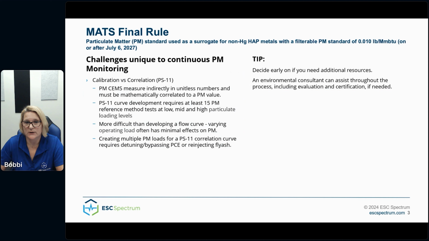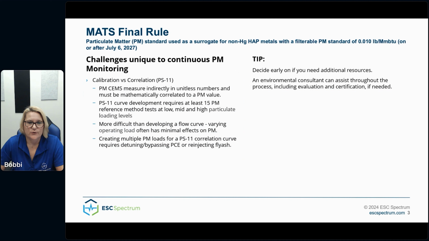Achieving the PM loads required to complete the PS11 correlation will require either detuning or bypassing the equipment or re-injecting fly ash after. Since most pollution control equipment was not designed to be detuned or bypassed, accomplishing this may not be an easy task and will require some thought and planning. The same goes for fly ash reinjection.